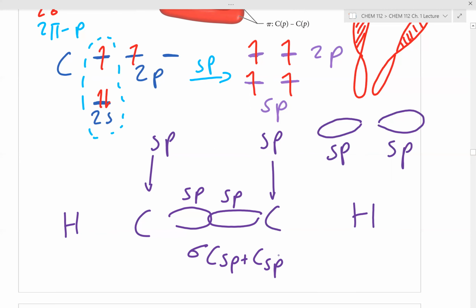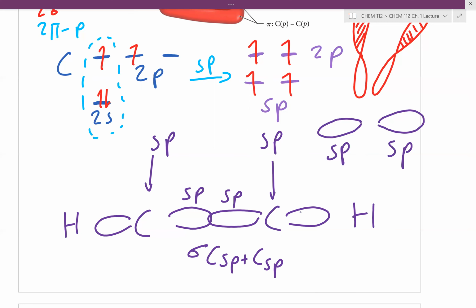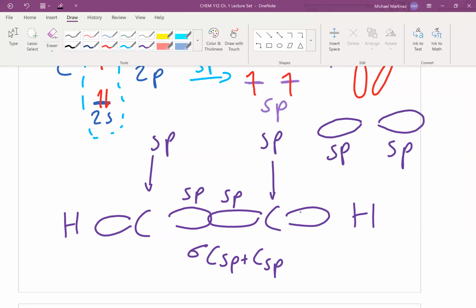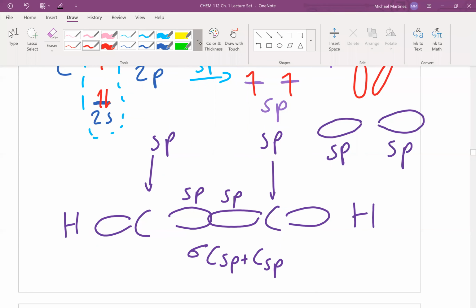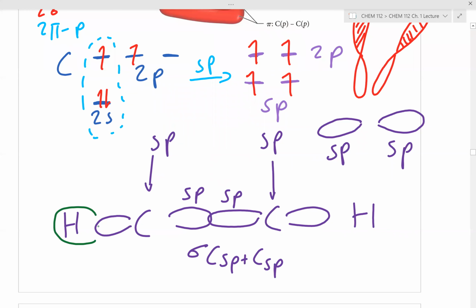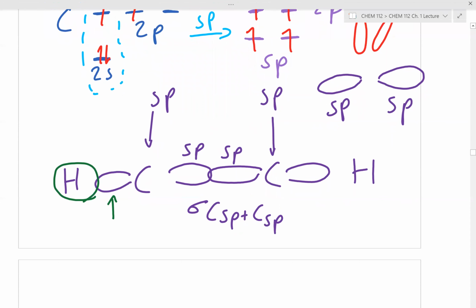Okay? We can also form a single bond with hydrogen's atomic orbital. Let me change the color for that. And in this case, what would we label this sigma bond? What would we label this carbon-hydrogen single bond?